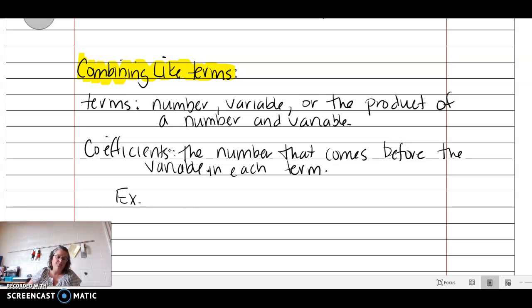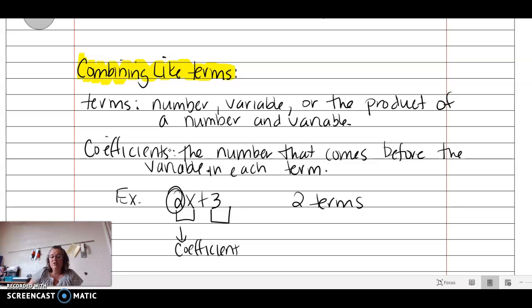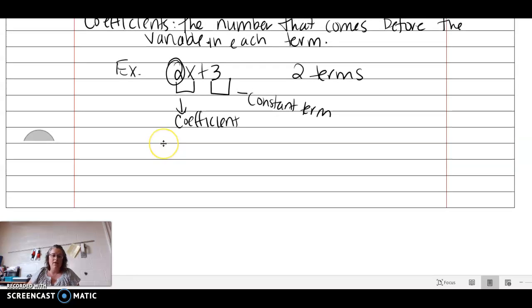So for example, here we have an expression, 2x plus 3, made of two terms. Here's your first term, 2x. Here's your second term, the number 3. The 2 is your coefficient. It comes before the variable. Your 3 happens to be a constant term. It has no variable, so there's no coefficient in that one. We can talk about leading coefficients.